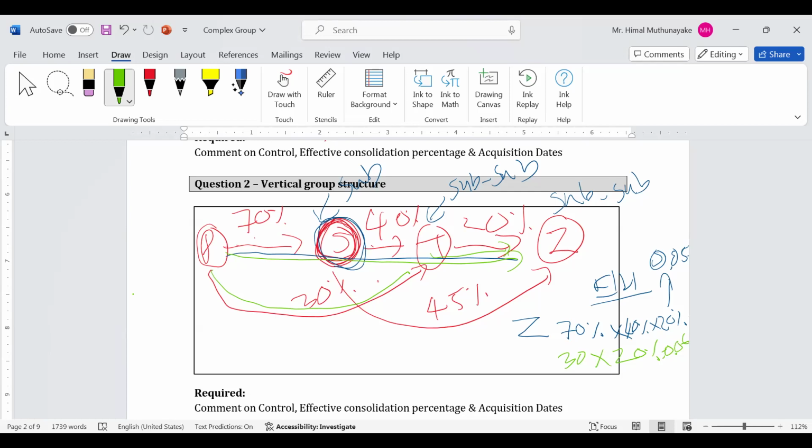And the next part, 70% multiplied by 45%. It's also something like 0.315 or something. So your effective holding is coming to about 41% or something. So that is how you calculate the effective holding.